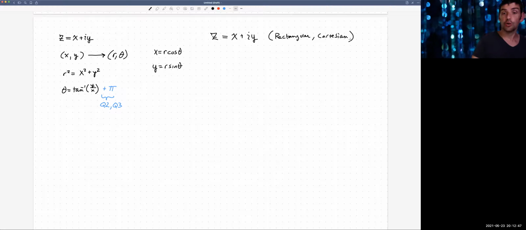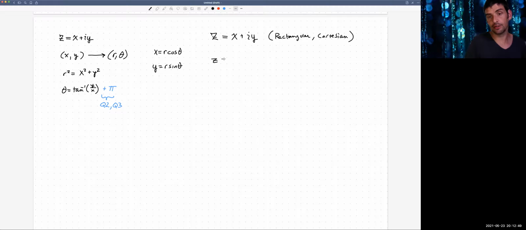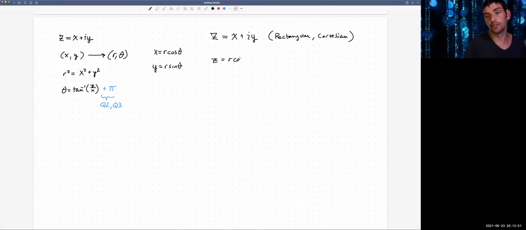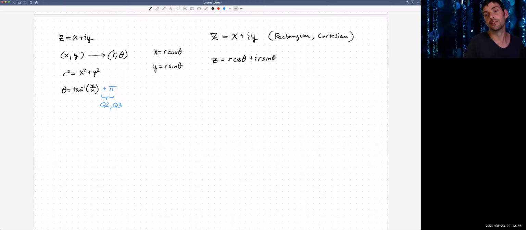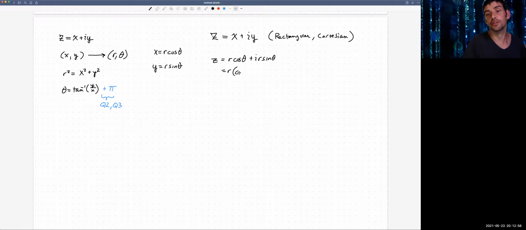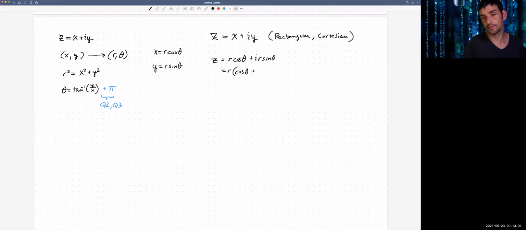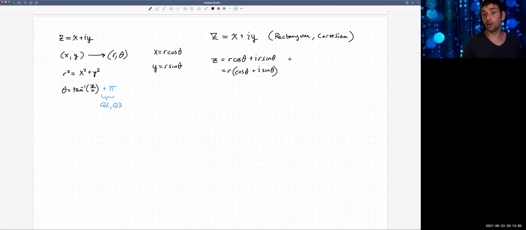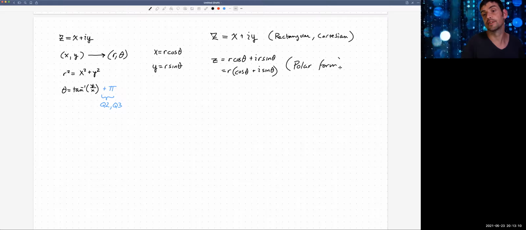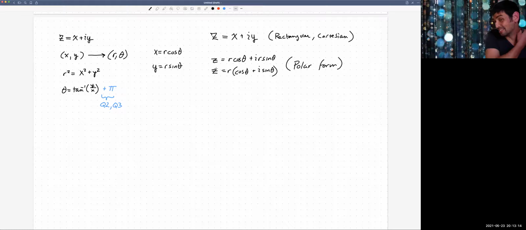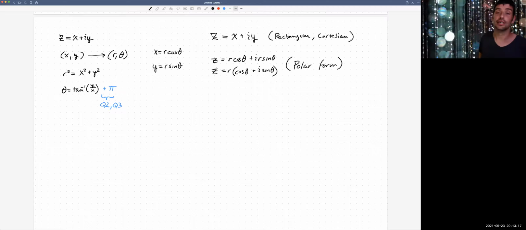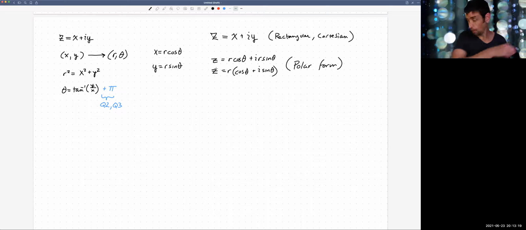We can replace x and y with r cosine theta and r sine theta, or you may want to factor out that r. And we call this the polar form of our complex number. This turns out to be a very handy way to write down our complex numbers.